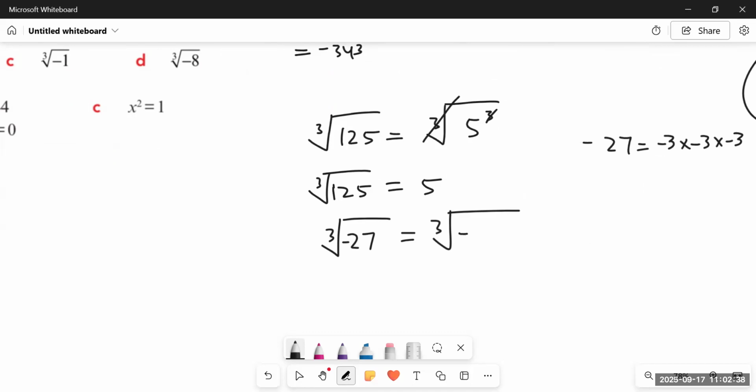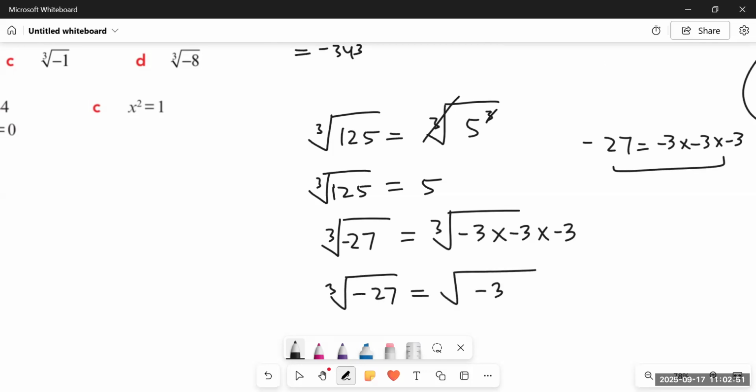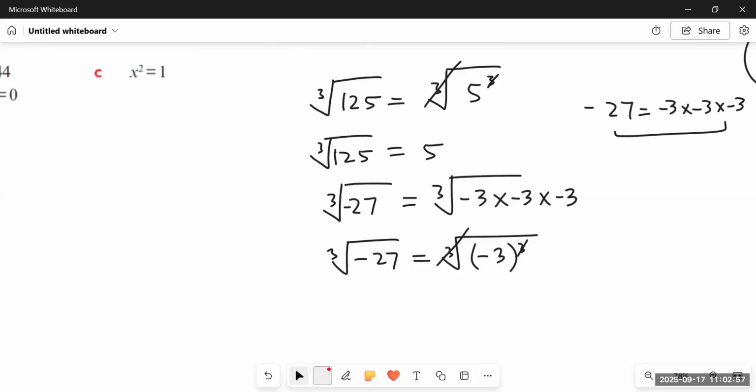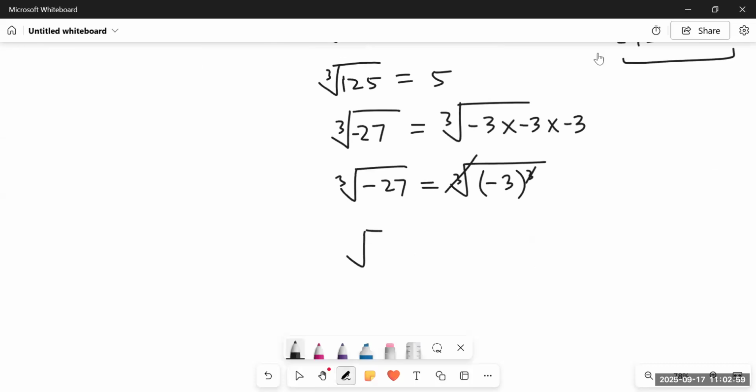Minus 27 is equal to minus 3 to the whole cube. Now when I cancel the cube root with the cube, what am I left with? It's minus 3. Which means the cube root of minus 27 is minus 3.